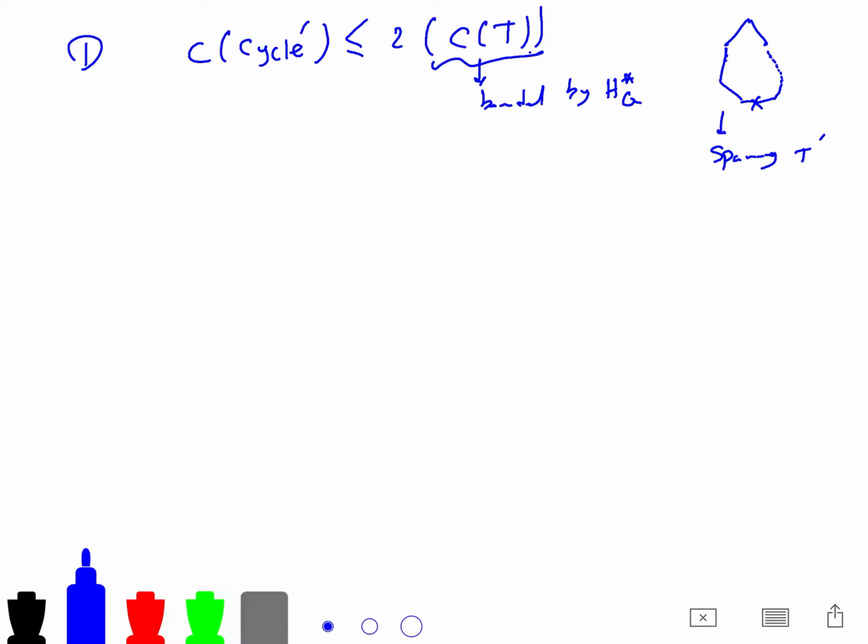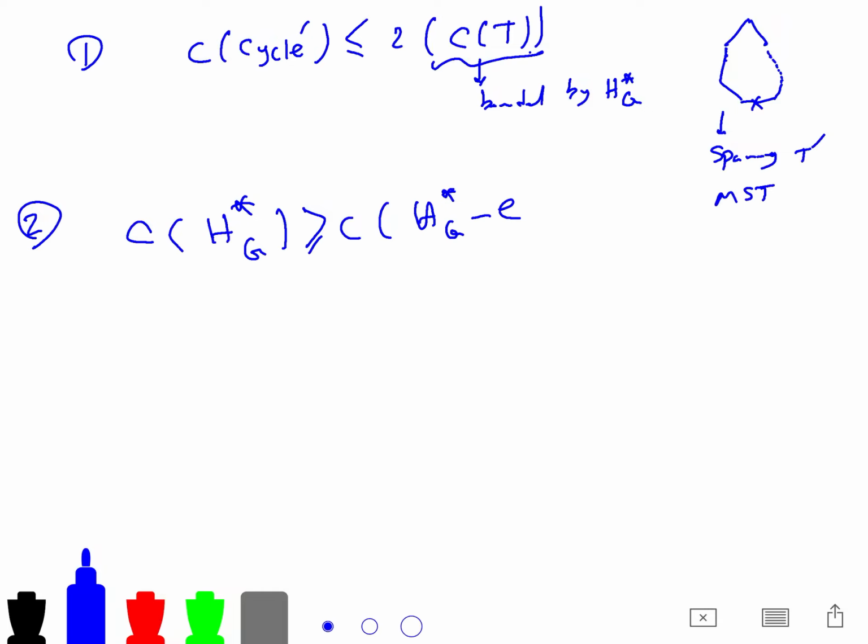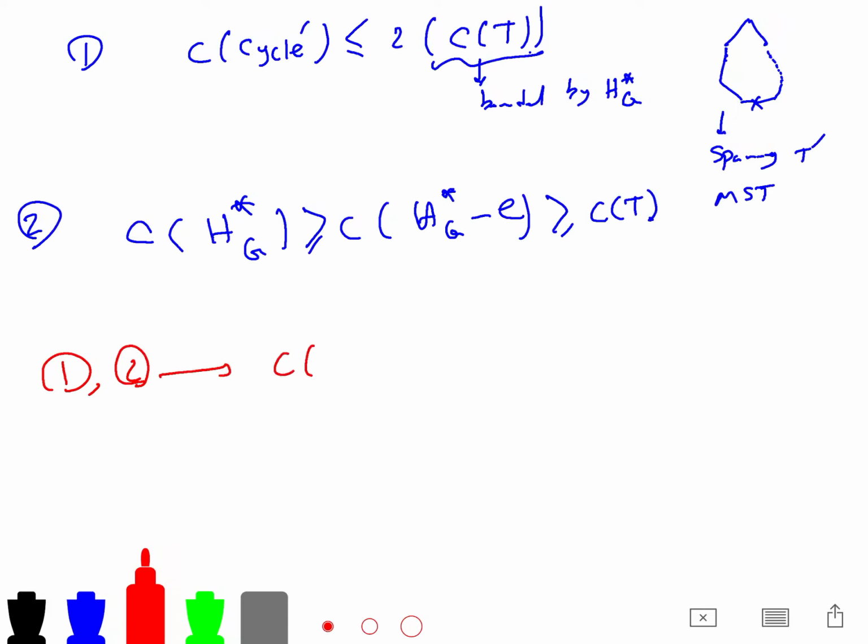It is a spanning tree, but it is not the minimum spanning tree. It's just a spanning tree. And the second formula that we can derive, which is obvious, is that the cost of your Hamiltonian is bigger than the cost of the Hamiltonian if you just remove an edge. And we know that this is greater than C of your T. And so by combining 1 and 2, we get that the cost of cycle prime is less than 2 times the cost of your Hamiltonian. The proof is now complete.